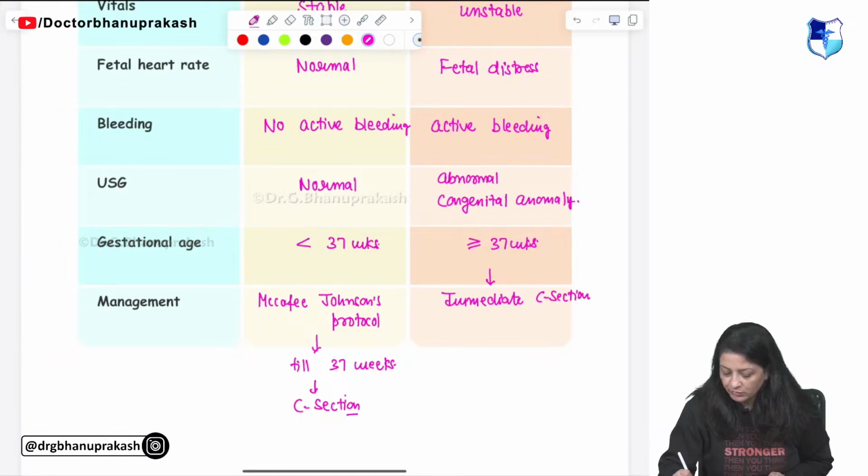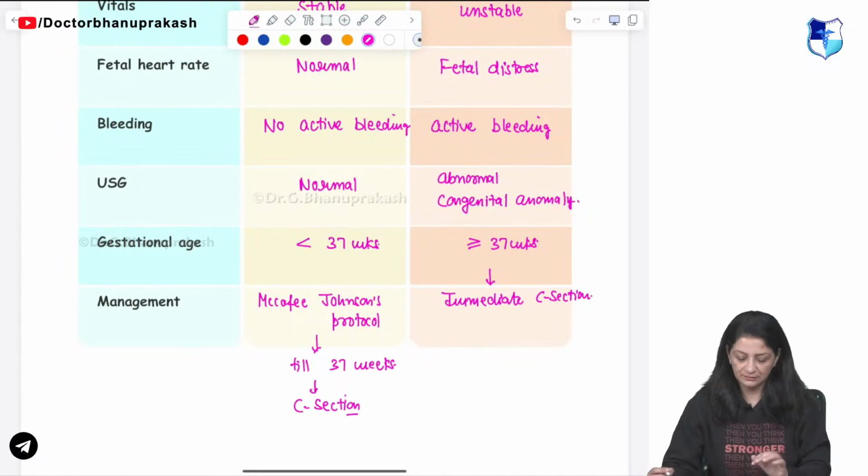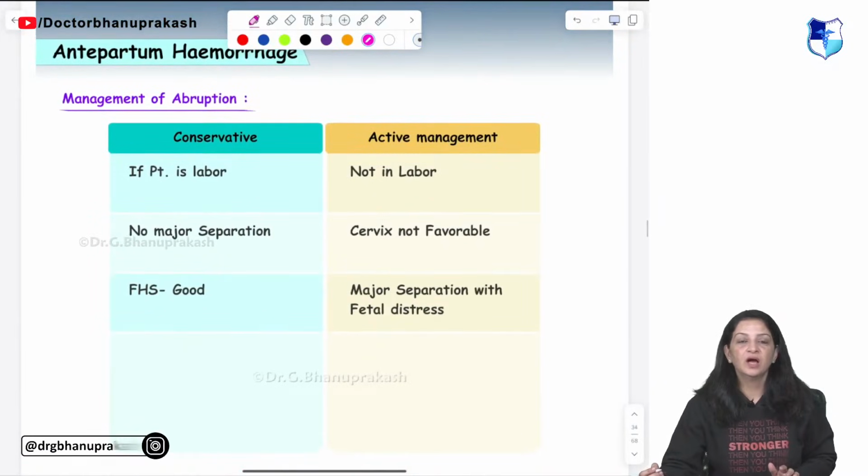So this is the active management of placenta previa.